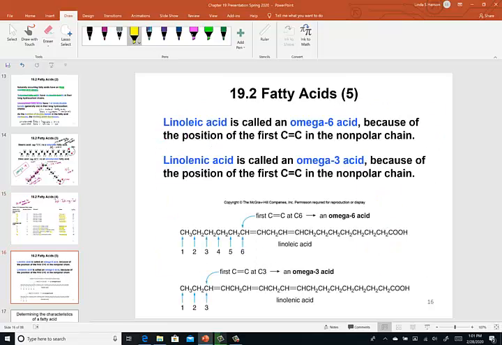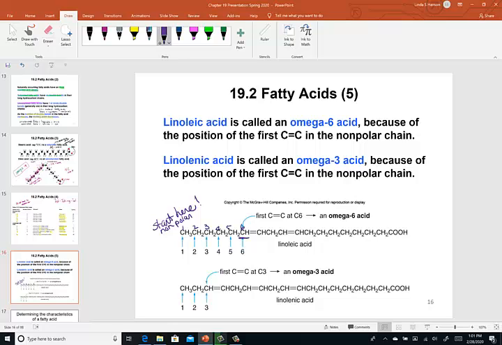Linoleic acid is called an omega-6 acid because of the position of the first carbon-to-carbon double bond, and that's kind of what we had said a moment ago. When I count from the nonpolar side, start there, you count 1, 2, 3, 4, 5, 6.